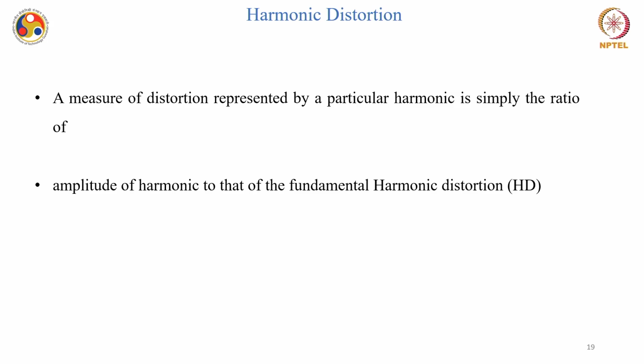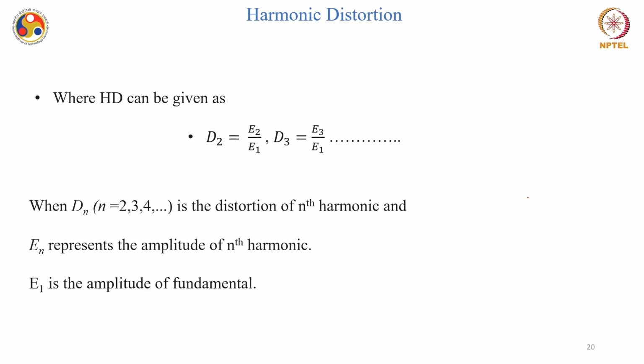A measure of distortion represented by a particular harmonic is simply the ratio of the amplitude of the harmonic to that of the fundamental. Harmonic distortion, we will name it as HD, can be given as Dn, where Dn is the distortion of the nth harmonic, let me call it D2, D3 and so on.